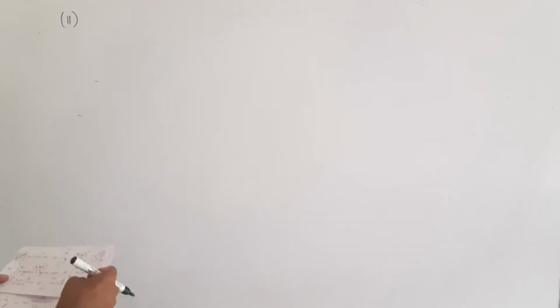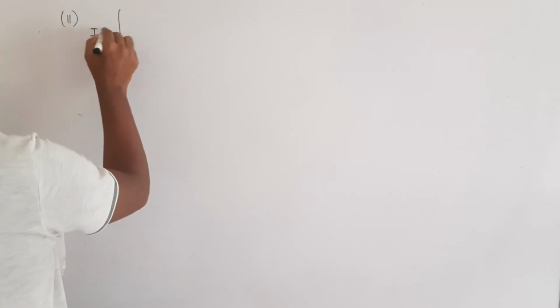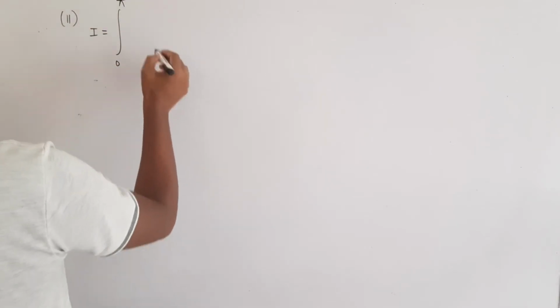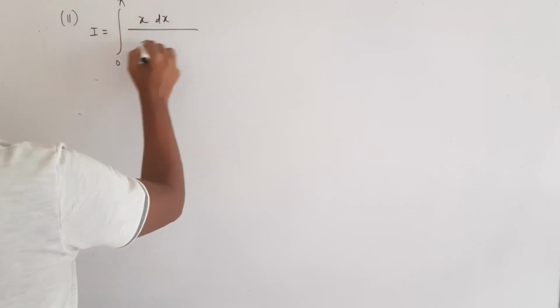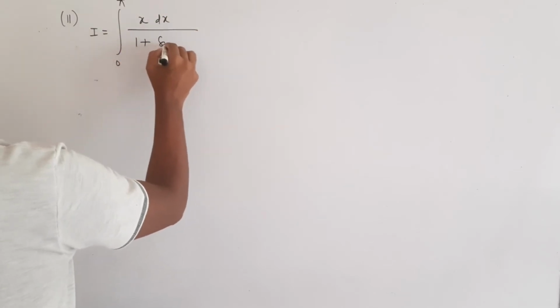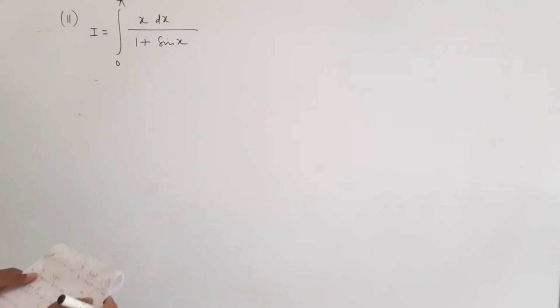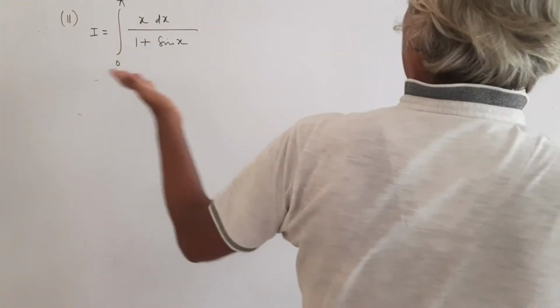Now question number 12. Question number 12 is I equals the integral from 0 to pi of x dx over 1 plus sin x. Now which property to use? We have two properties which can be applied here.